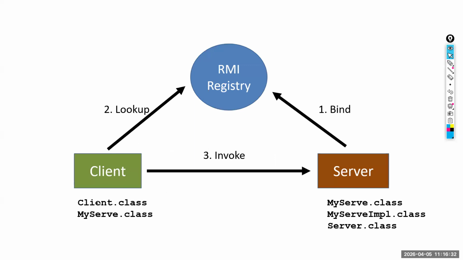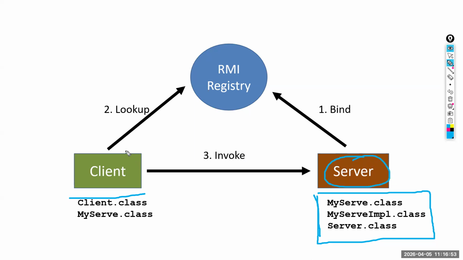Right, so these are the codes that are going to be on the client machine. I'm going to have two classes. Okay, let's first discuss the server. In the server machine, for me, a machine is a folder because I'm using the same machine. I will be using one folder as the server, another folder as the client. Right.